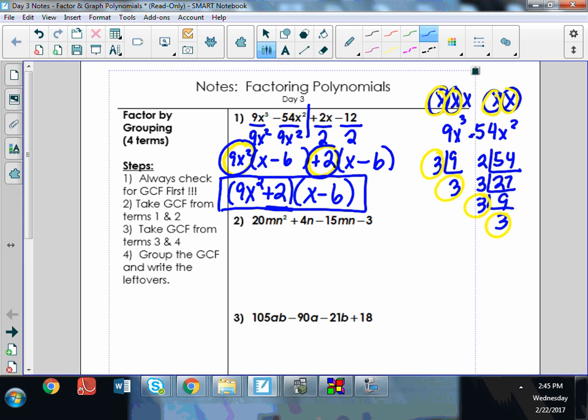No? Oh, I see what you're thinking. Not really, because in the first part here we have 9x squared times x minus 6, and then our plus 2 times x minus 6. So they're only multiplied by it one time. Do you see what I mean?